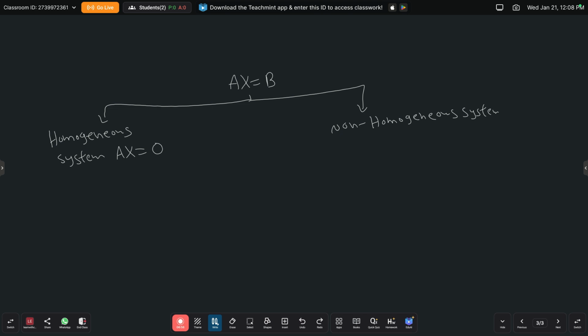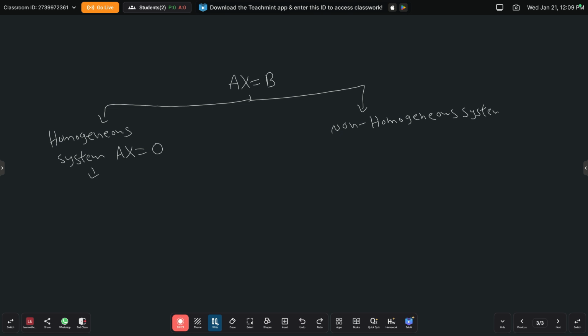Okay. And we know that every homogeneous system has a solution which is a trivial solution. If you take x1 equal to 0, x2 is equal to 0, x3 is equal to 0, and so on, xn is equal to 0, the given system will be satisfied. So the homogeneous system will always have a solution.